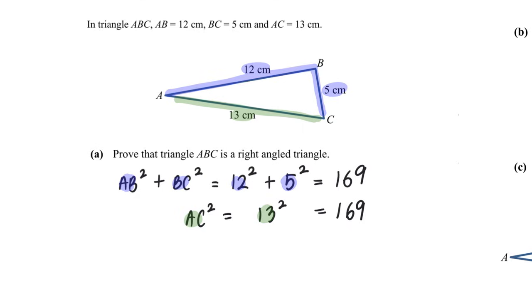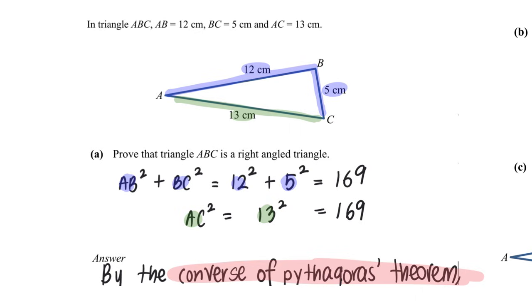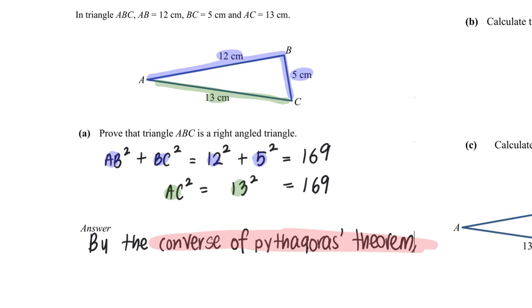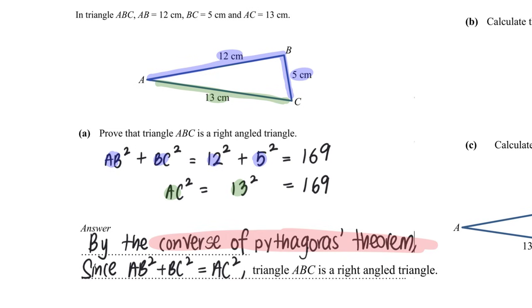And because they are equal, then we can conclude by the converse of Pythagoras theorem that triangle ABC is a right angle triangle since AB square plus BC square is equal to AC square. After we have proven it, we don't write AB square plus BC square equals AC square from the onset, but rather in our conclusion.